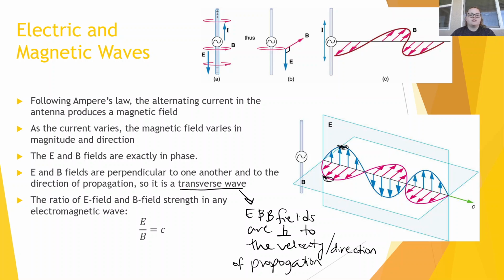Okay. So this ratio of the E field and the B field strengths in any electromagnetic wave is equal to c, or our speed of light, velocity.